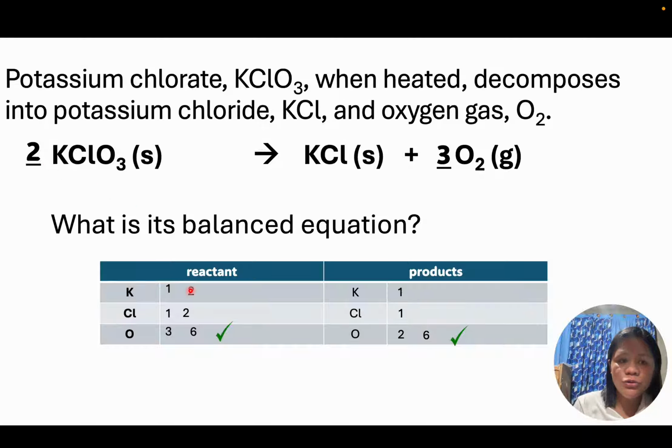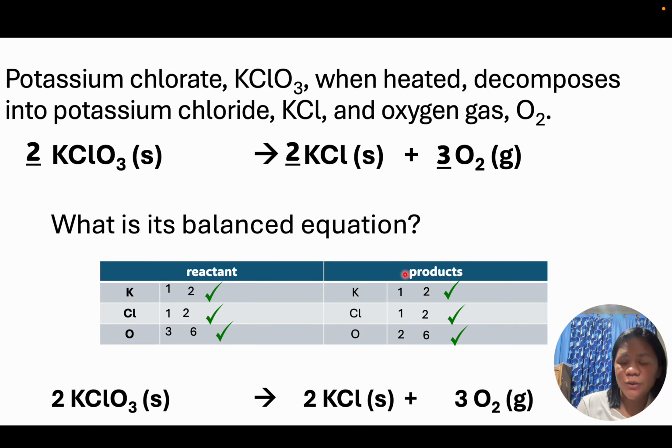Since potassium is 2 on the other side, we have to put 2 here as well. So potassium will become 2 and chlorine will become 2, and that gives us a balanced potassium as well as chlorine. So this is our balanced equation for potassium chlorate that is heated and decomposed into potassium chloride and oxygen gas.